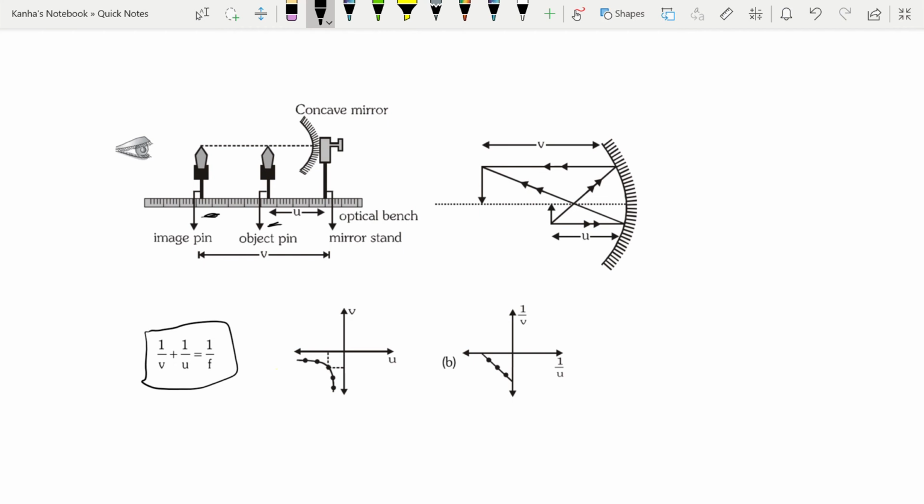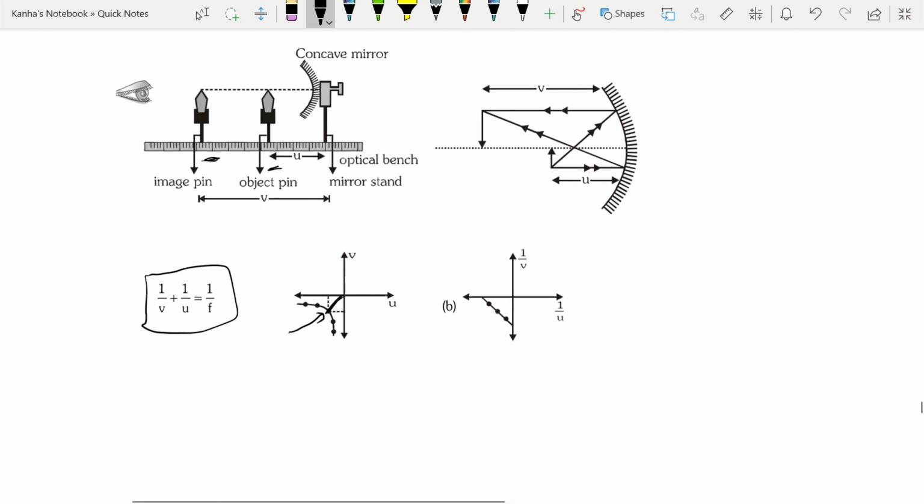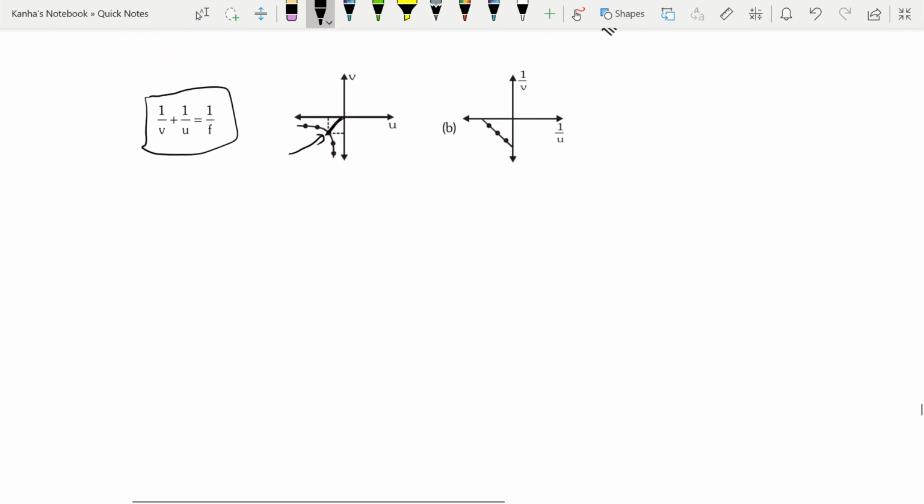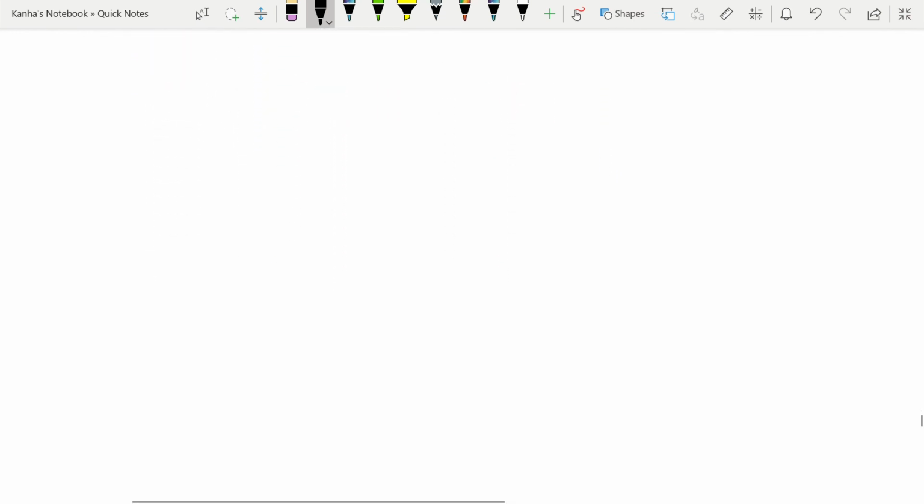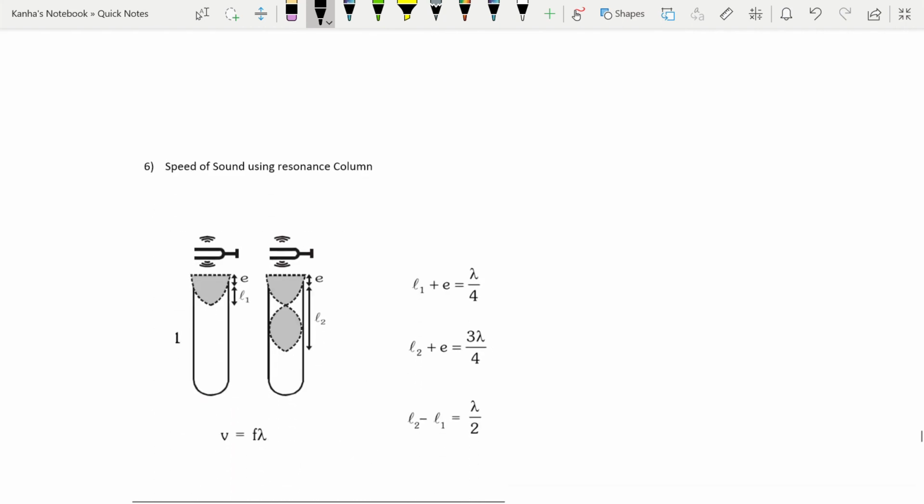And in order to find the focal length graphically, you just plot the different values of v and u that you get, and the intersection where the 45-degree angle meets is your f. Okay, the questions of these will also be similar, so there is no point in doing it here.